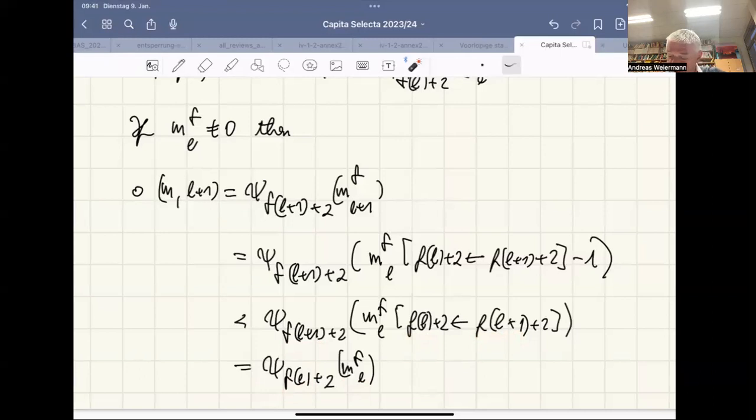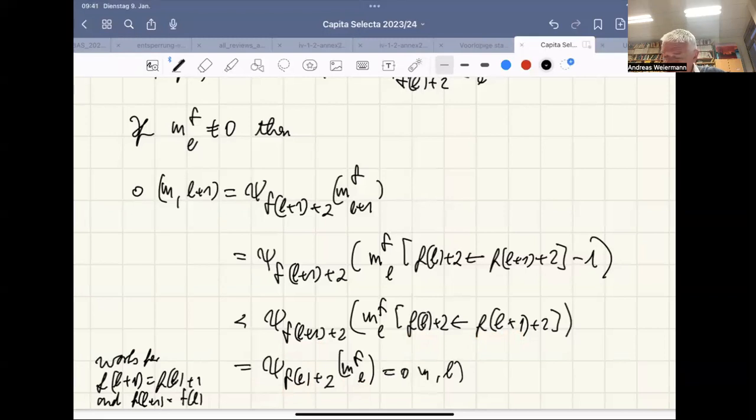So this works for FL plus 1 equal to F of L plus 1, and also for FL plus 1 equal to FL. And this one here is O of ML. So here we have strict less than. So this number here at time L plus 1 is smaller than the number at time L. That's fine. Perfect.